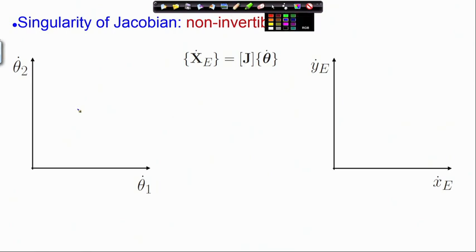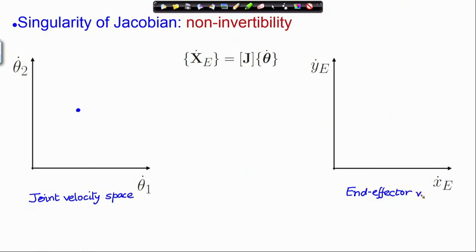So, given a point here in the joint velocity space, on my right I have the end effector velocity space.